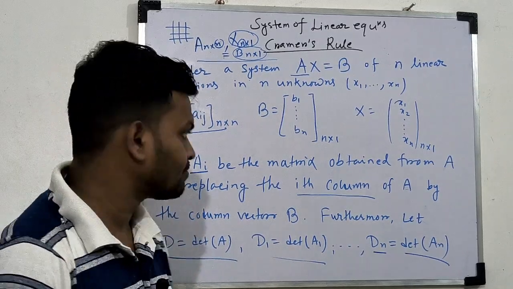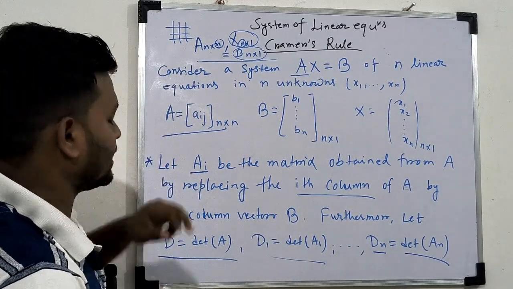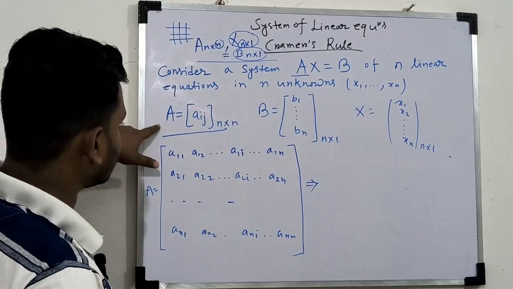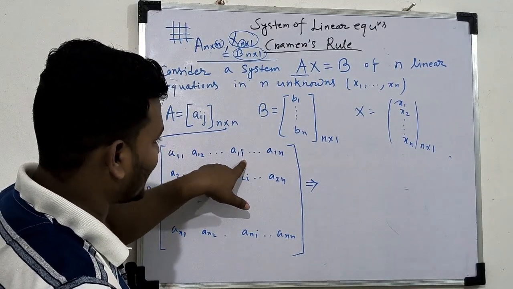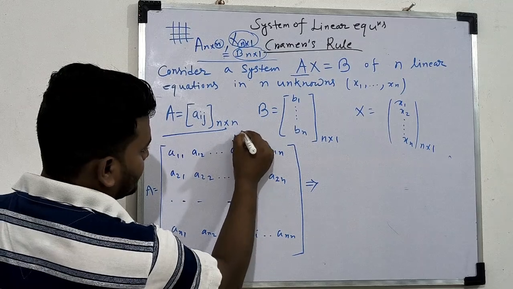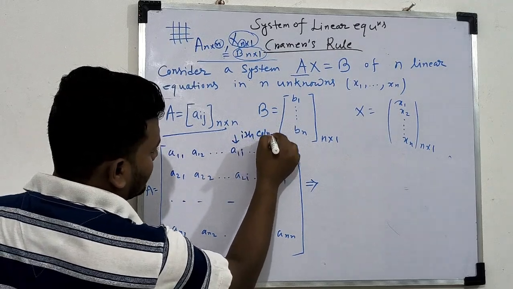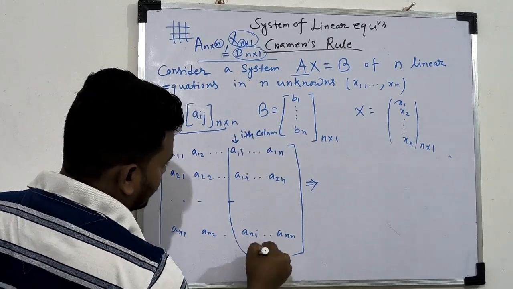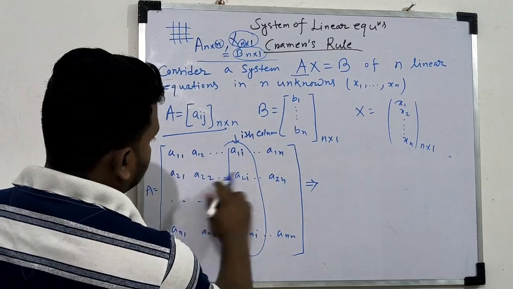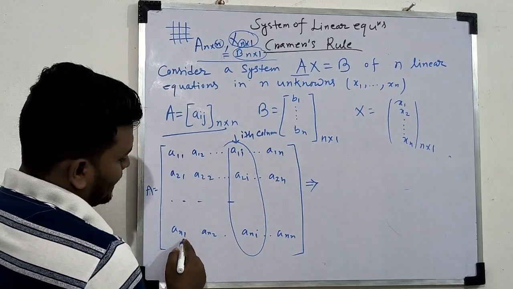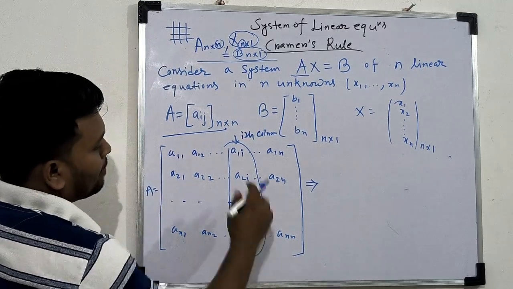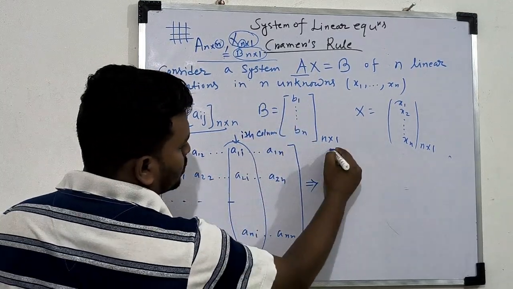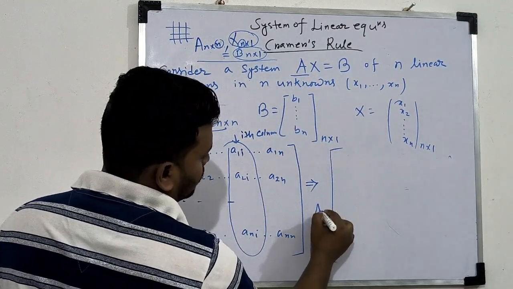Let us see how we make Ai. Take a matrix with first row a11, a12, ..., a1i, where this is the ith column, and the last, nth row is an1, an2, ..., ann. If we replace this ith column by b1, b2, ..., bn, the new matrix is called Ai.